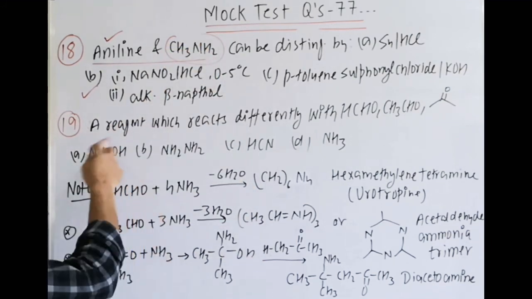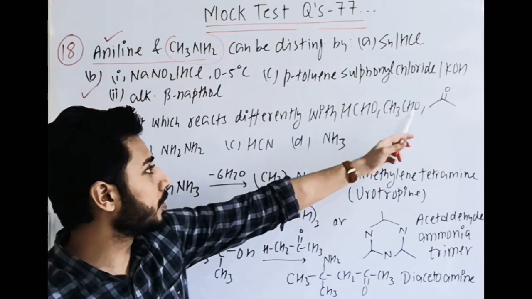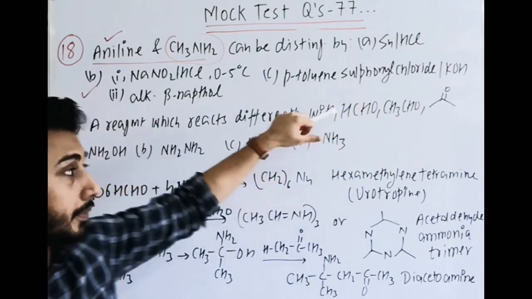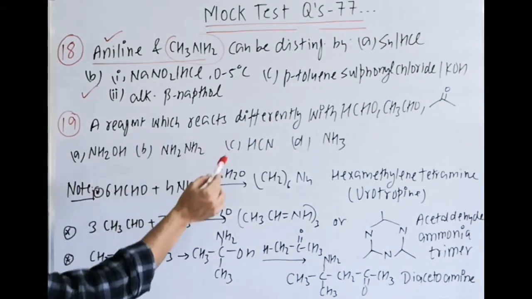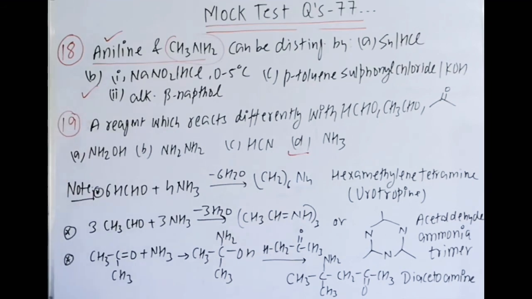Okay. Then the next question: a reagent which reacts differently with HCHO, CH3CHO and acetone. Among the options, which will react differently with them? I'll explain it.